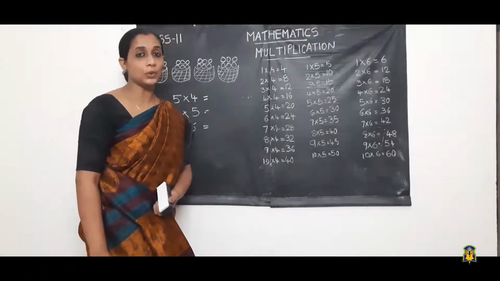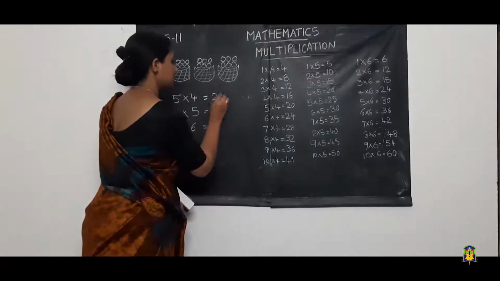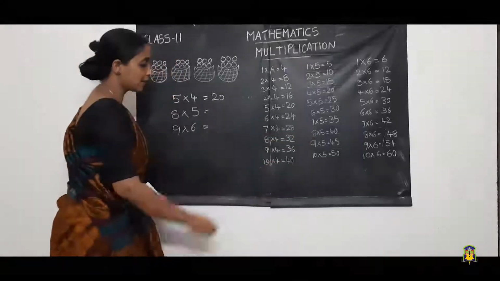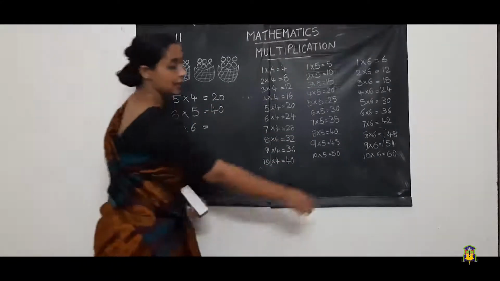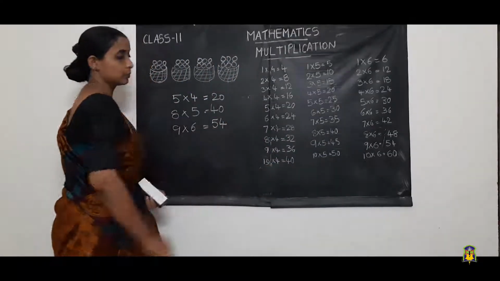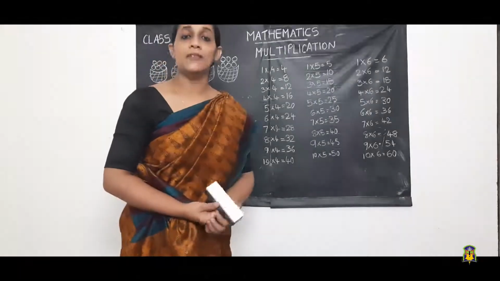That way you have to learn the table. What is 5 times 4? 5 times 4 is 20. 8 times 5 is, see, 8 times 5 is 40. What is 9 times 6? 9 times 6 is 54. Okay, so children, you have to learn the table very well.